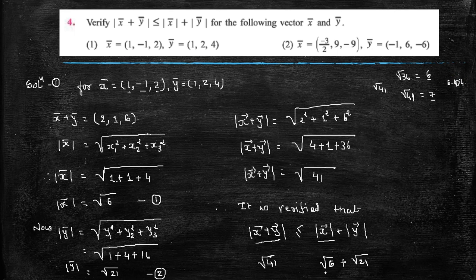And now root 6. Root 6 is in between root 4 and root 9. Root 4 means 2, root 9 means 3. So can anyone tell me the value of root 6?